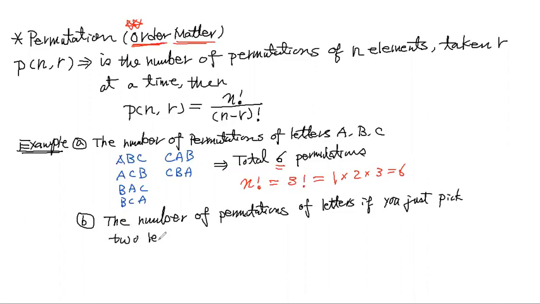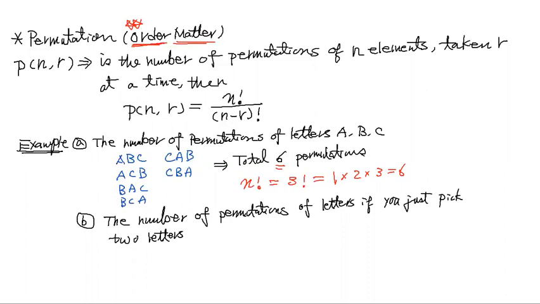Okay, so let's see how many different ways I can do it out of the 3, right? So I have 3 letters. I want to take 2, so let's take a look at how many different ways I can find it.